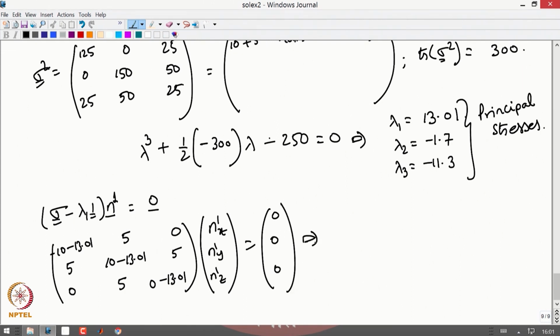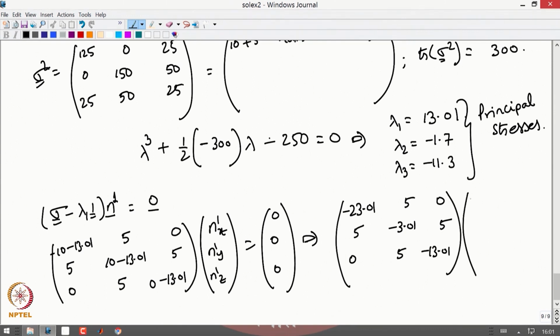This will imply that I have minus 3.01, 5, 0; 5, minus 23.01, 5; 0, 5, minus 13.01, into n 1 x, n 1 y, n 1 z must be equal to 0 0 0. Okay.